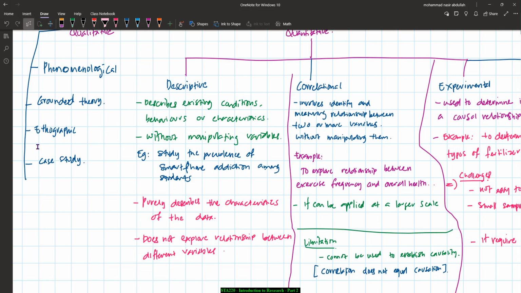So that's all for qualitative and quantitative research design. And of course, kita baru sebut research design. We are not looking into study design yet, right? So for study design, I think dalam buku I ada tulis, study design we have 3 parts as well, right? Maybe I can open this. Wait, study design.